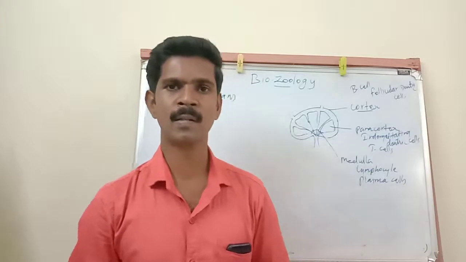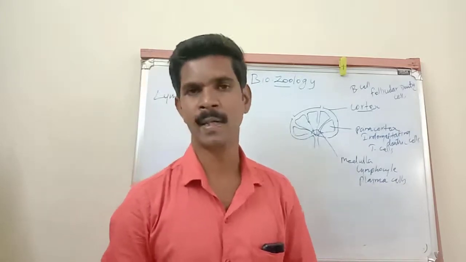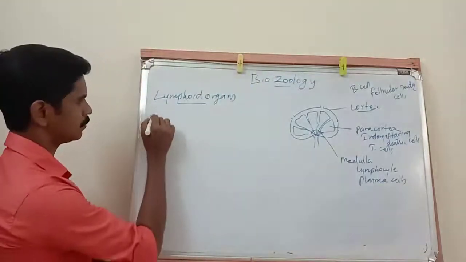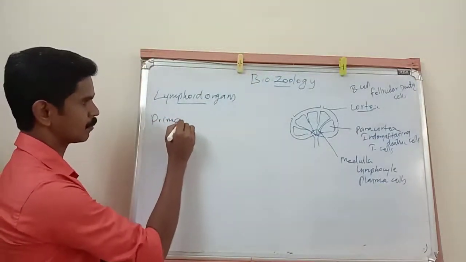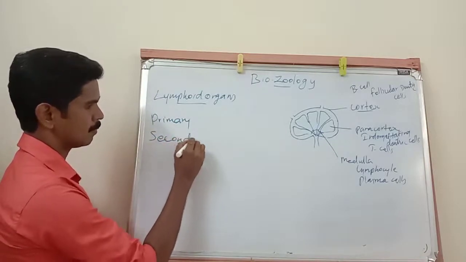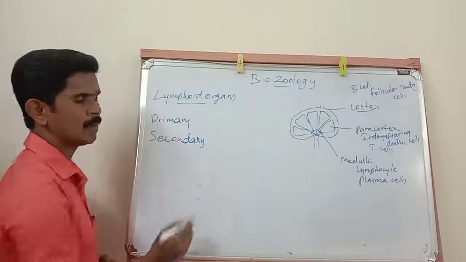The lymphoid organs are classified into two major categories: primary lymphoid organs and secondary lymphoid organs.